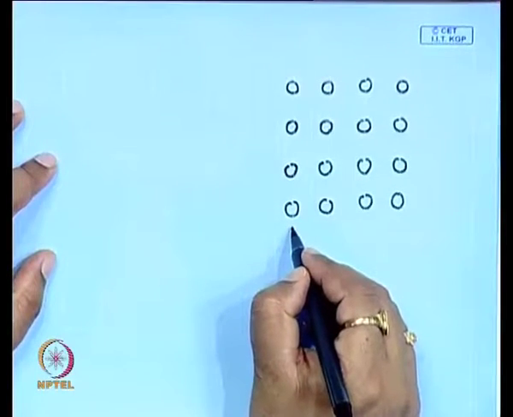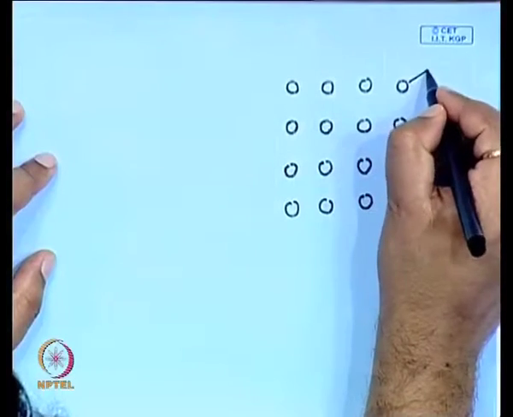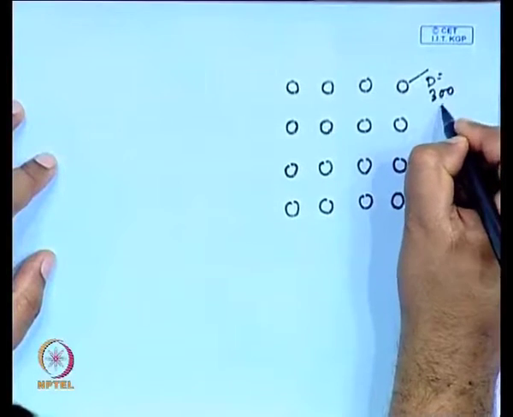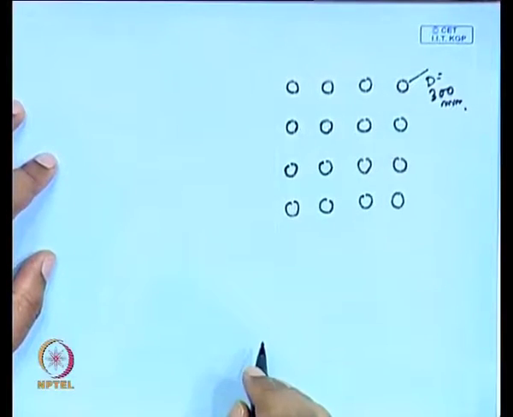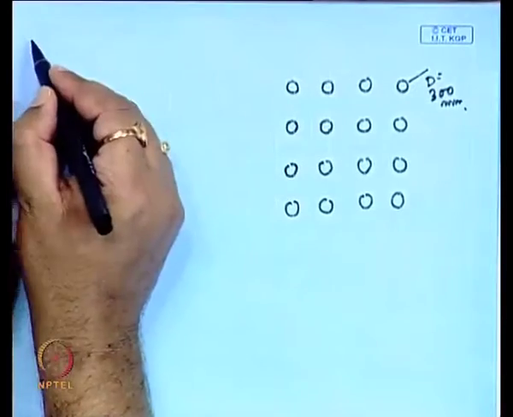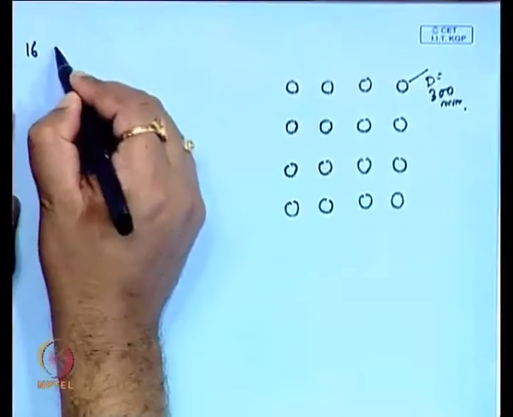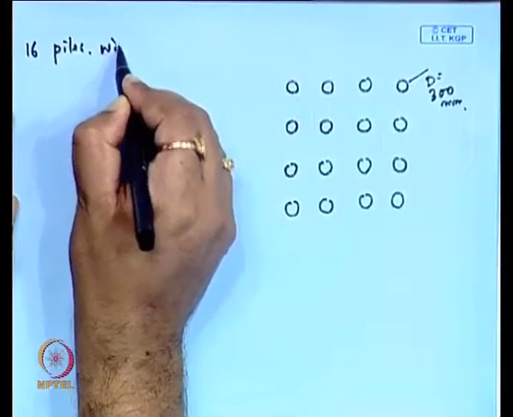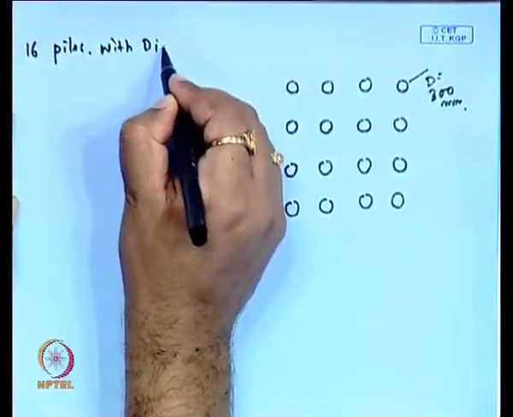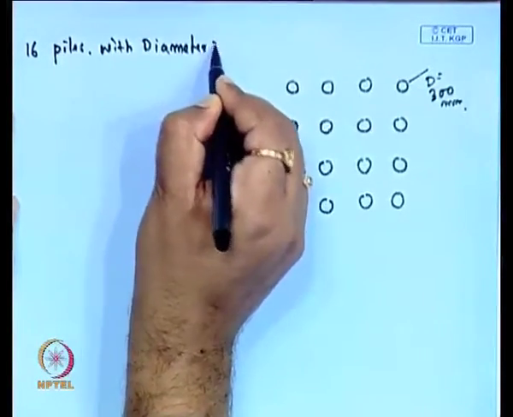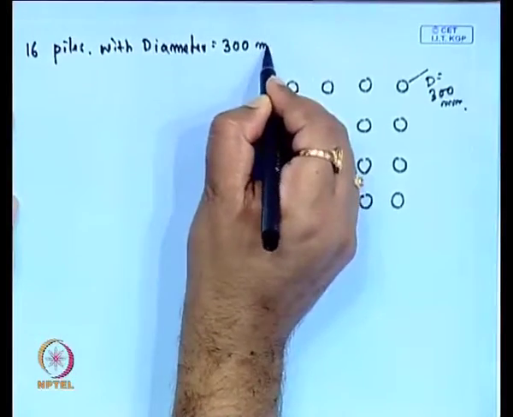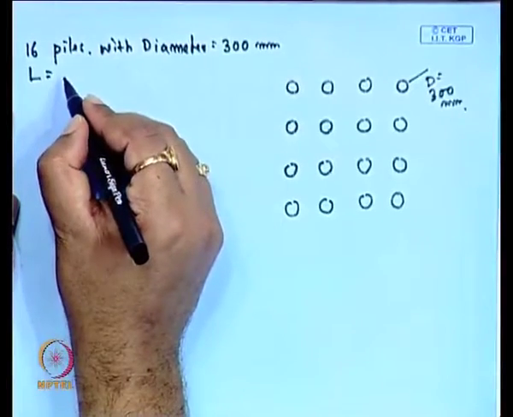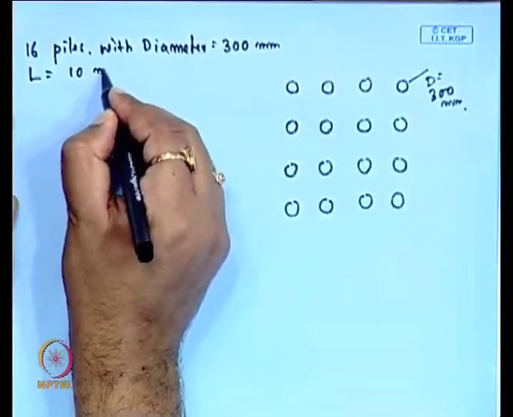Now, it is in clay soil. The diameter of the pile, D, is 300 millimeter. So we have a total of 16 piles with diameter 300 millimeter, and the length of the embedded pile is 10 meter.